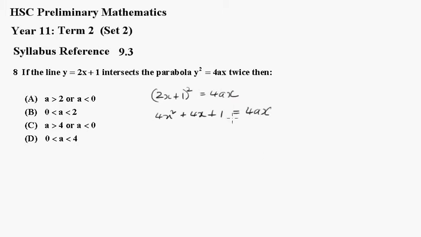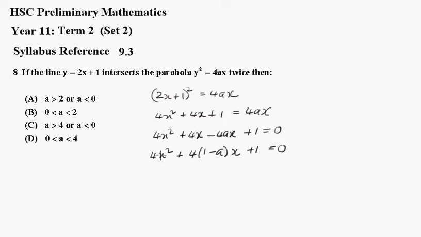Now taking this across the other side, we'll have 4x squared plus 4x minus 4ax plus 1 equals 0. And just taking out the 4 and the x, the common factor, we'll get 4x outside of 1 minus a, plus 1 equals 0. Okay, so we've got a quadratic.